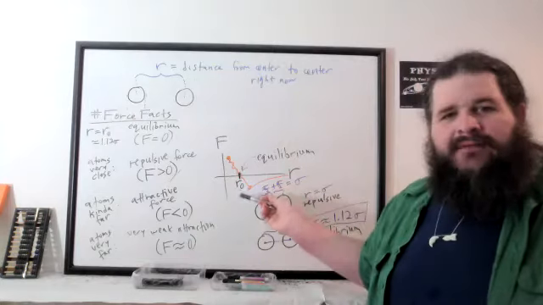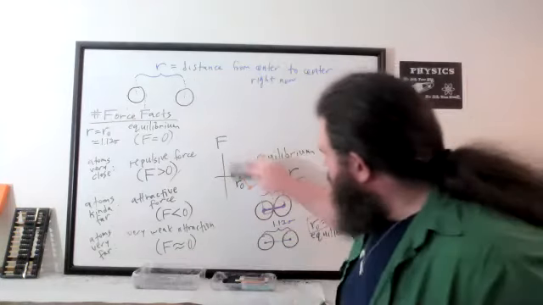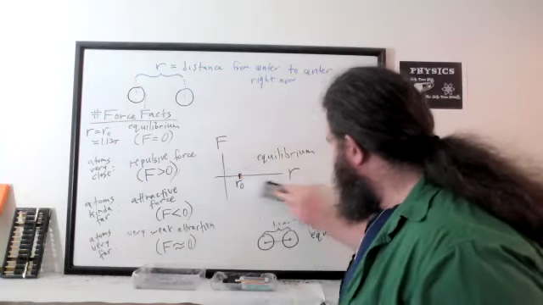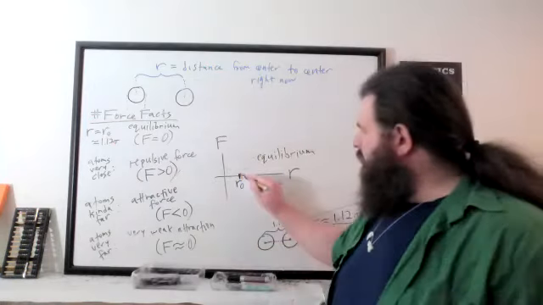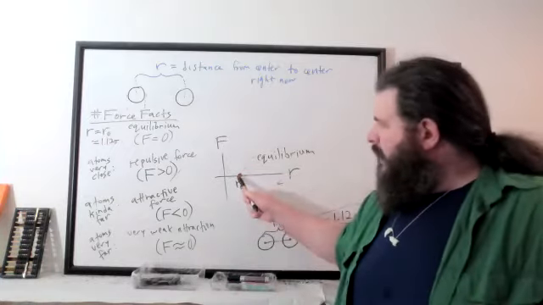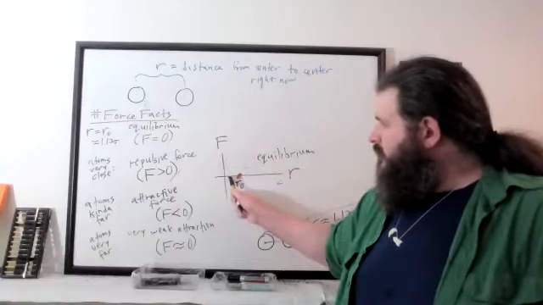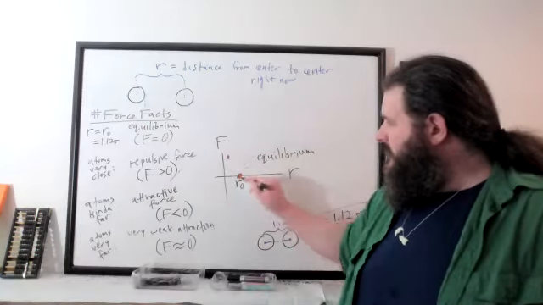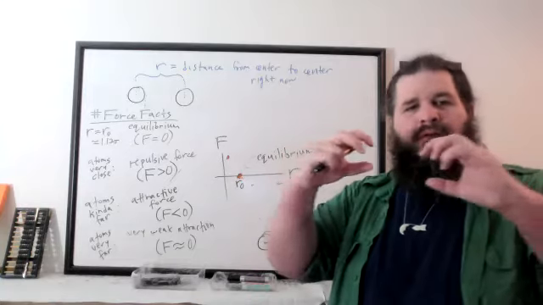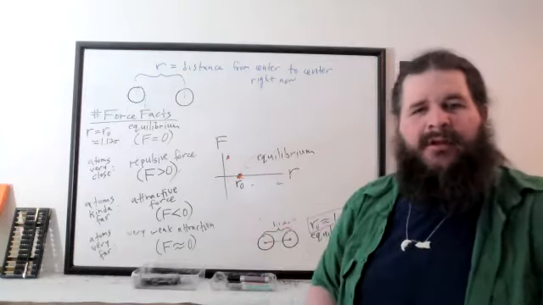And so we can make a graph of force. Maybe make this a little more accurate. We know that at equilibrium distance, the force is going to be zero. If we're talking about distances closer than that, we're going to have a positive force. Distances further than that, we're going to have a negative force. Also, if the particles get really close, what would you expect to happen to the repulsive force?